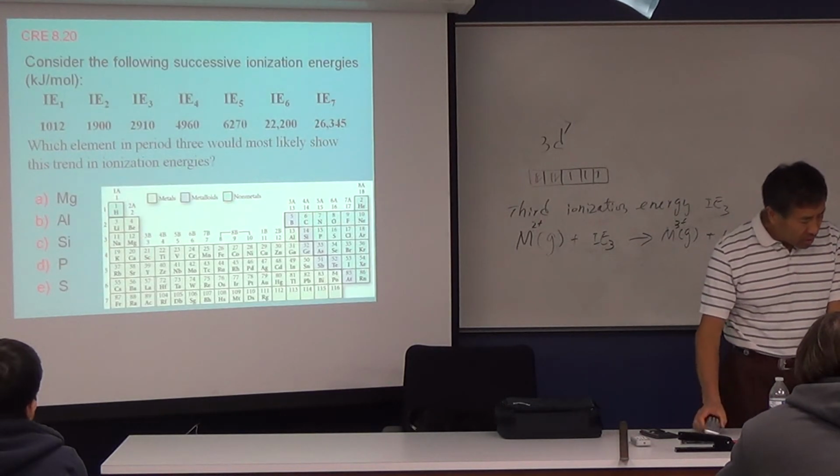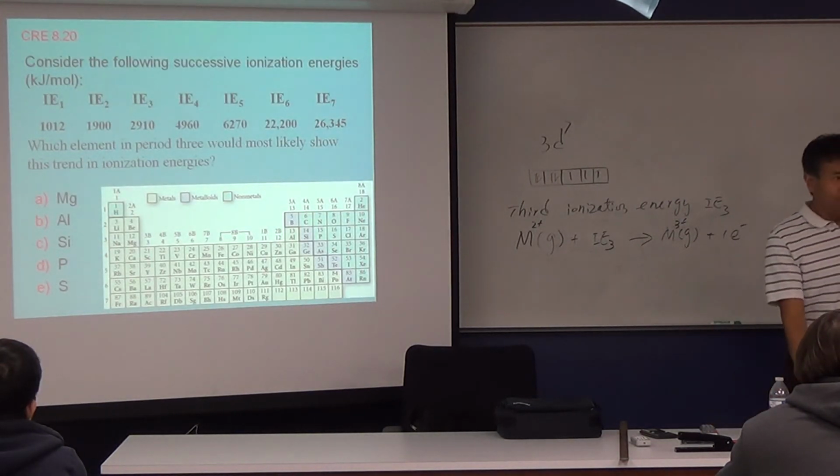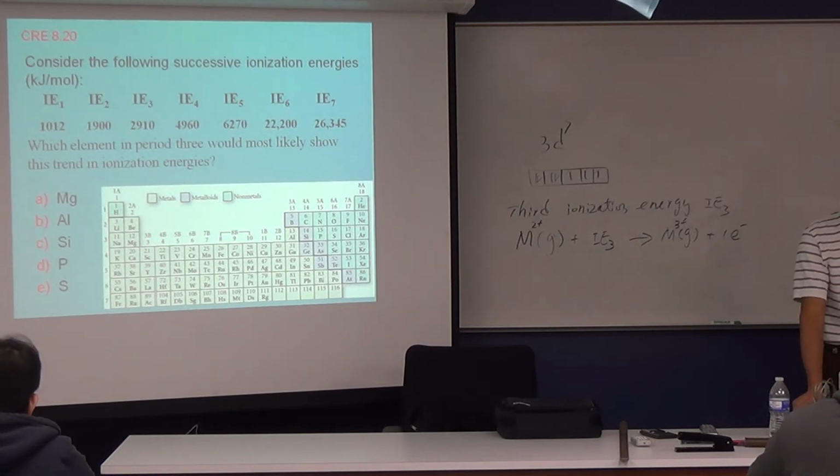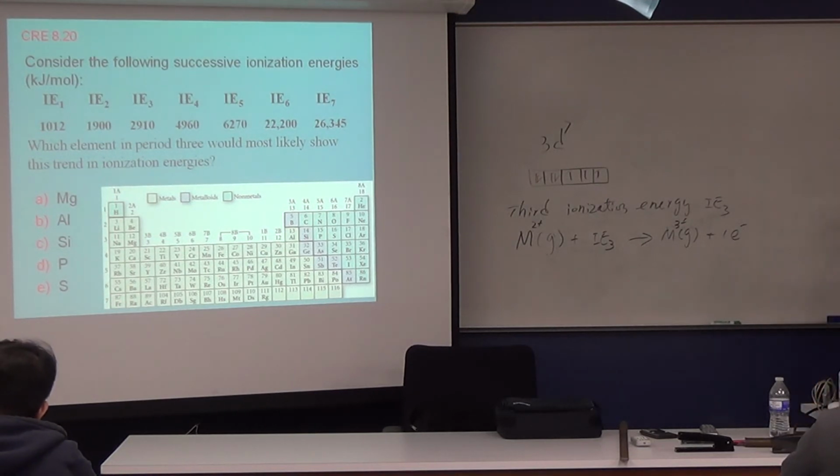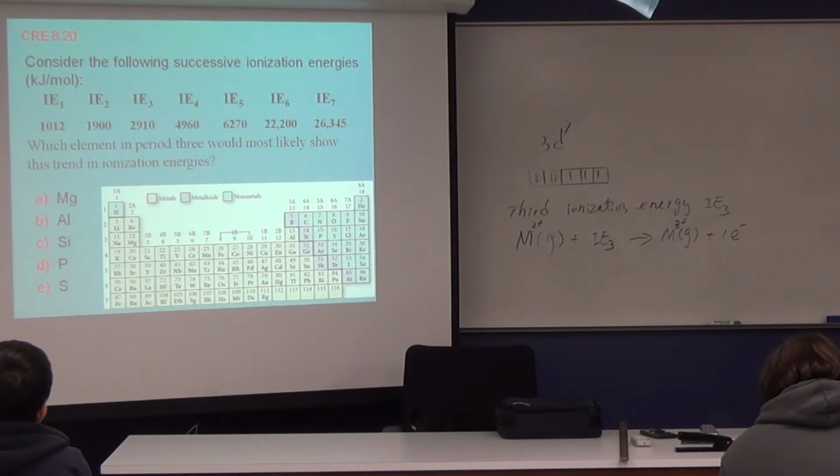Right, that's good. So you think about those IE2 compared with all IE2, then you can also compare the IE1, IE2, IE3 for the same atom. So this problem has you think about the regular increase and larger increase.